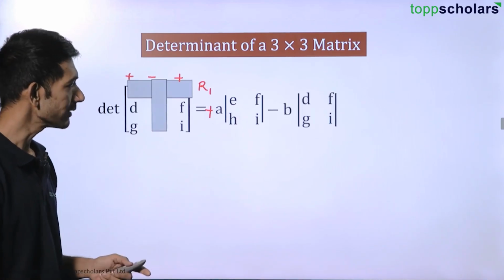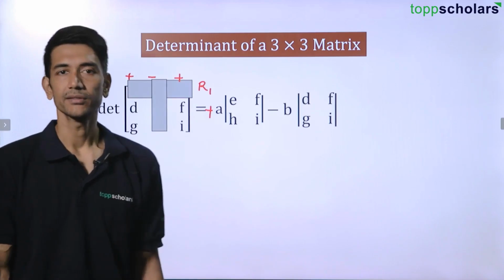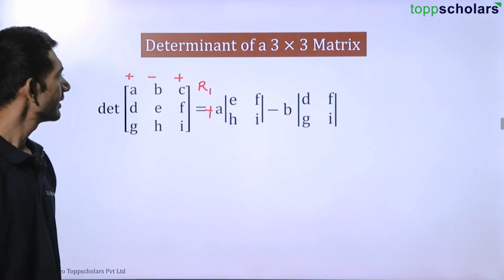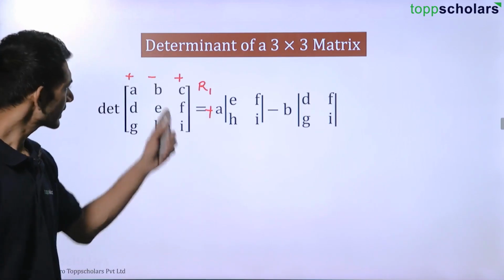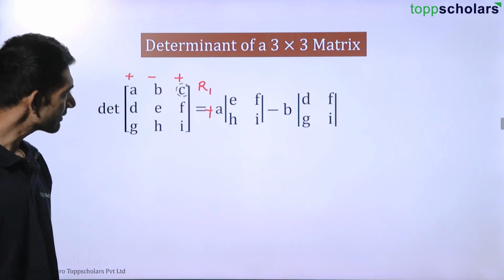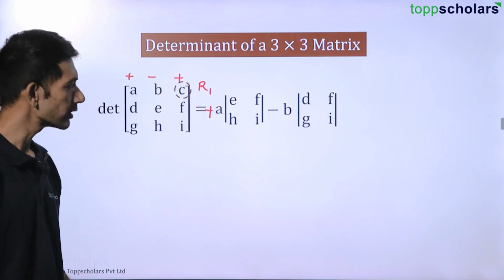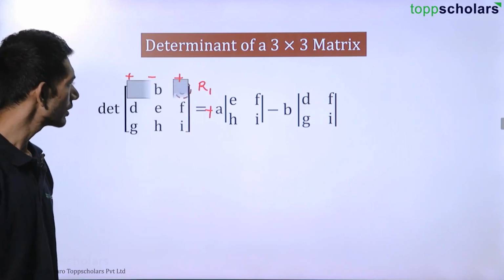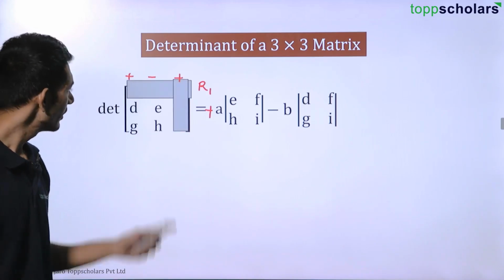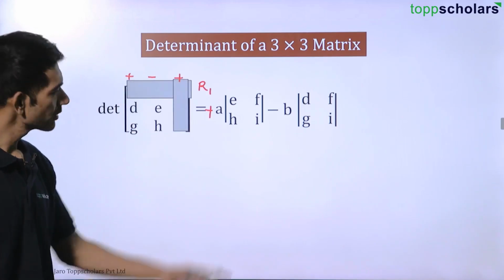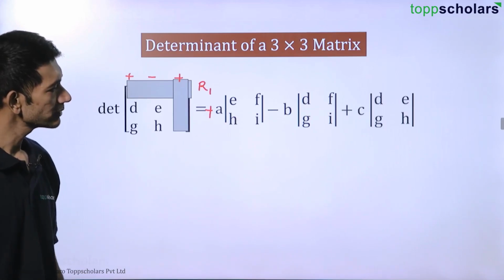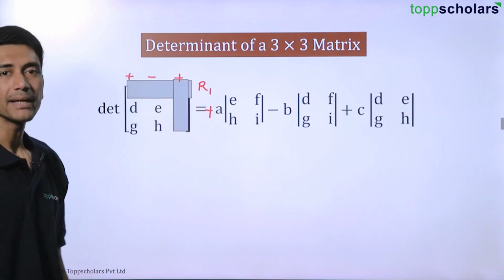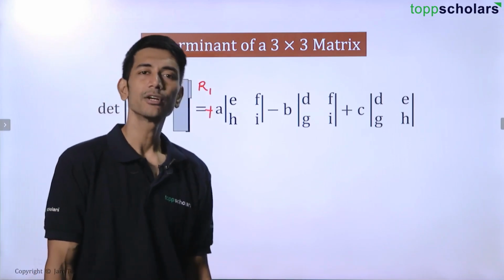Write down minus B and take the remaining elements here. I hope this part is clear. Now next is the last term, that is C. Take C. C belongs to first row, third column. Remove first row, third column. What is remaining? D, E, G, H. Just take it there. Write down plus, then C, and then the remaining elements inside the determinant of order 2.